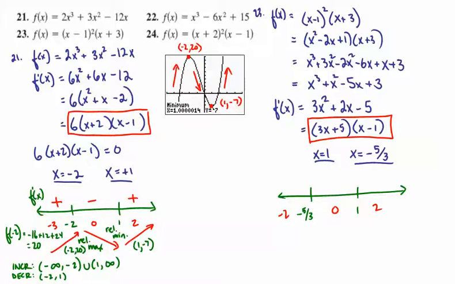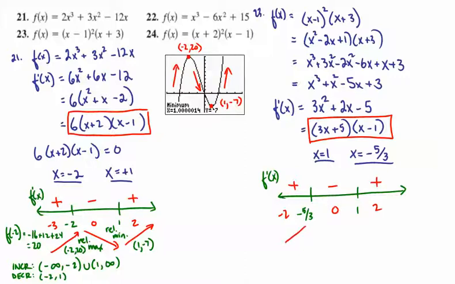We recall that we're working with the first derivative, and we're going to plug those values into the factored form. Plugging in negative 2, I get negative, negative, which turns out to be positive. Plugging in 0, I get positive, negative, which is negative. Plugging in 2, I get positive, positive, and positive.